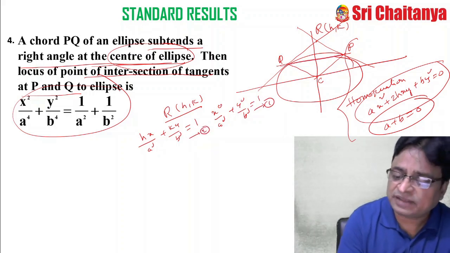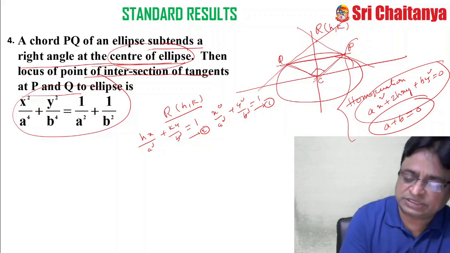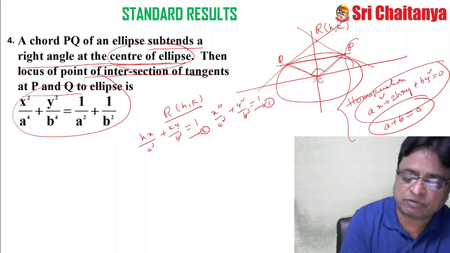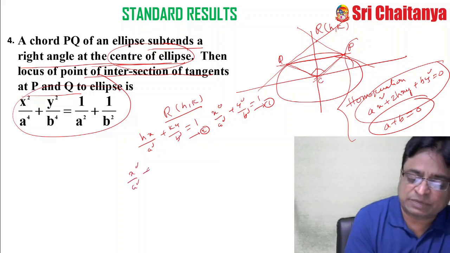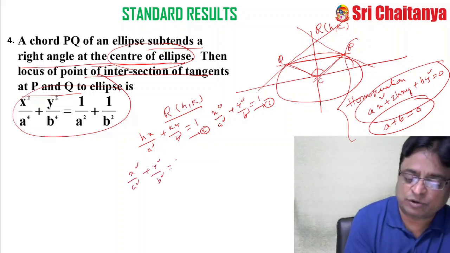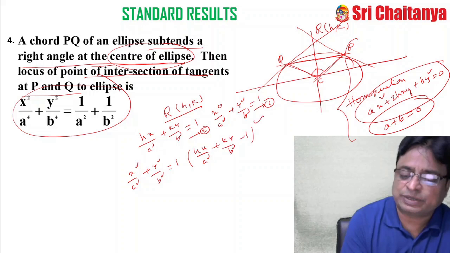Since it makes an angle of 90 degrees at the center, now homogenizing equation 1 with respect to 2. That is, x square by a square plus y square by b square is equal to 1 into (hx by a square plus ky by b square minus 1) whole square.